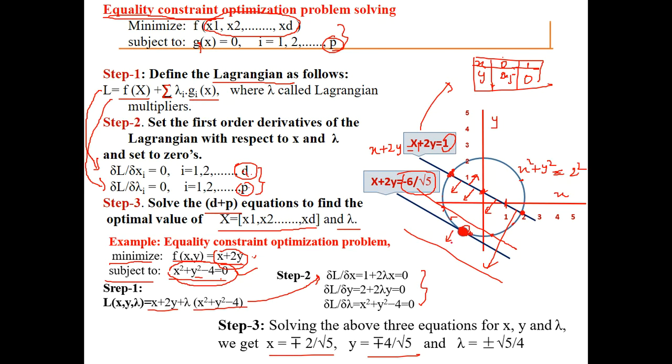The coordinate of this point is minus 2 divided by root 5 and minus 4 divided by root 5. Substituting this value of x, y in the objective function, you will get the value minus 6 divided by root 5. So we minimize the value of the objective function this way.